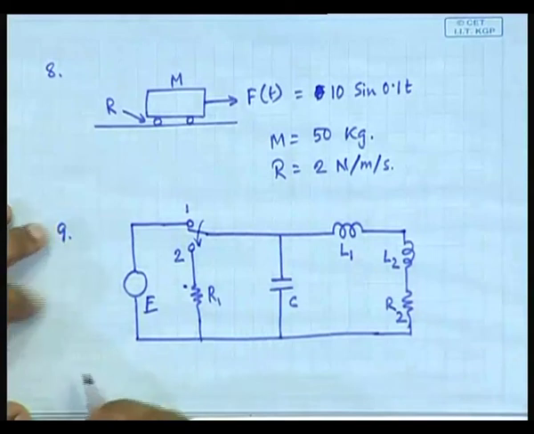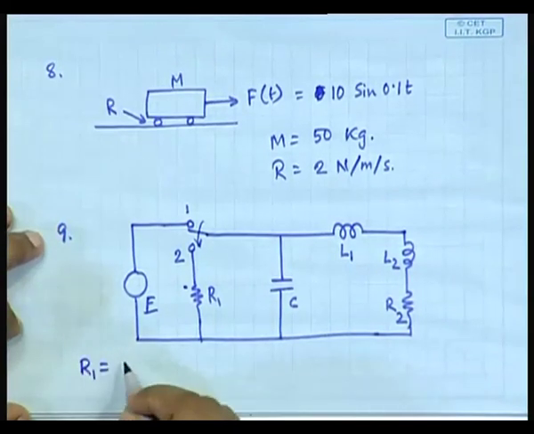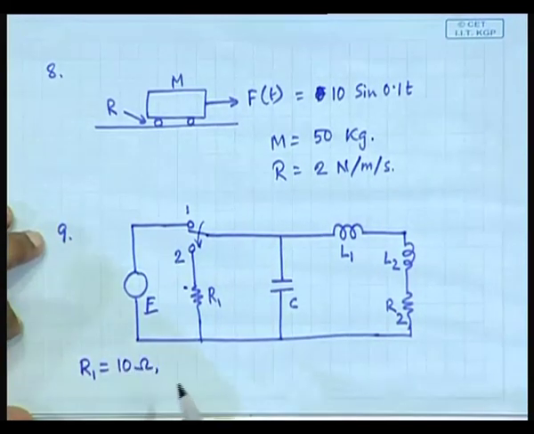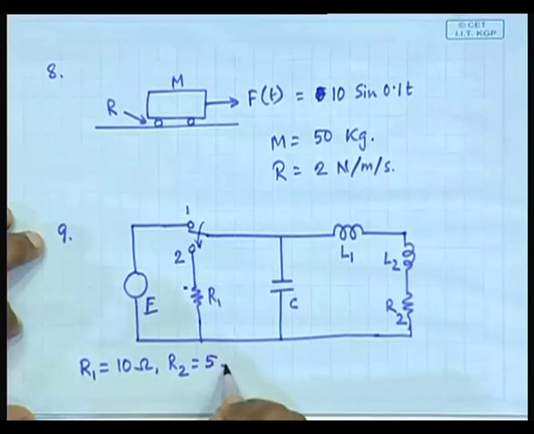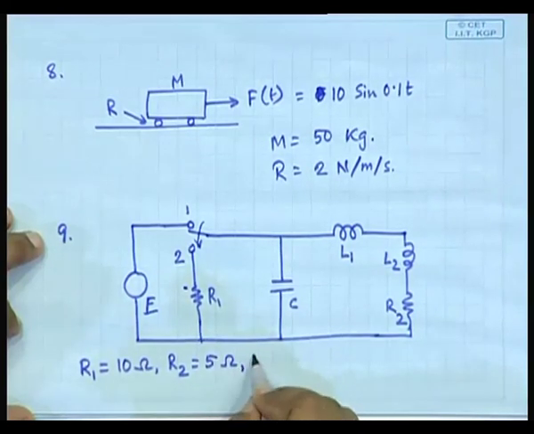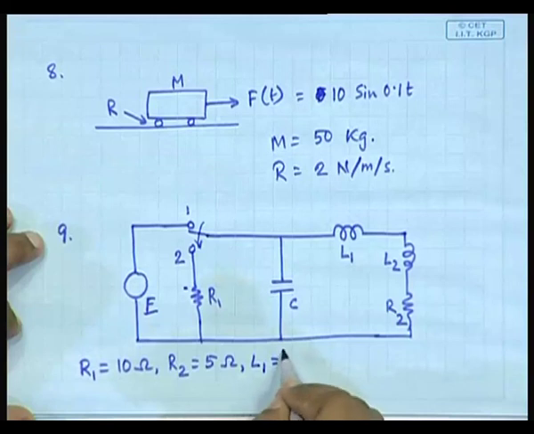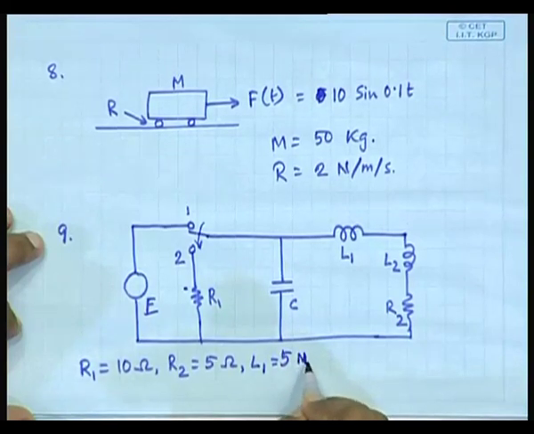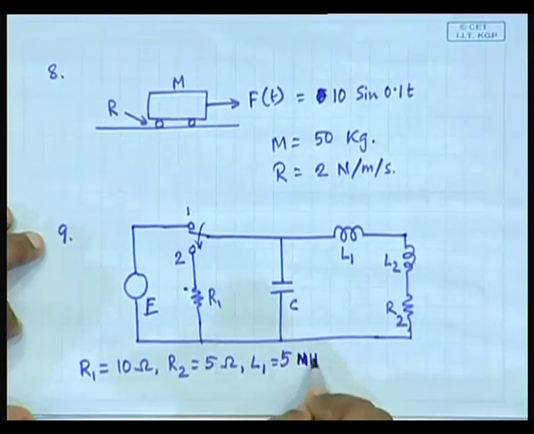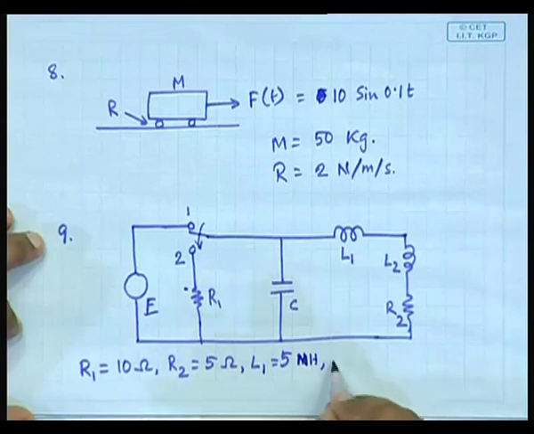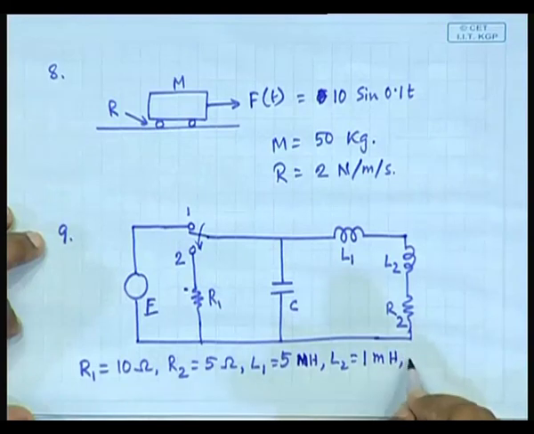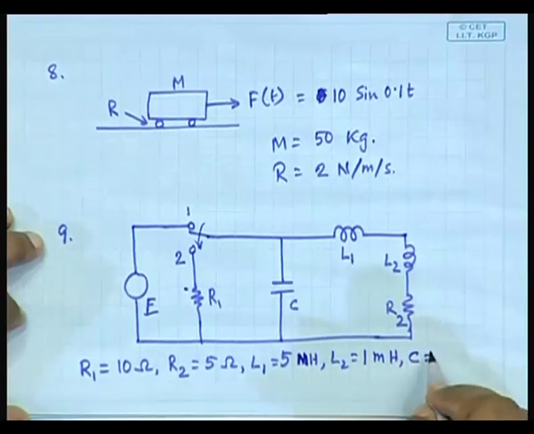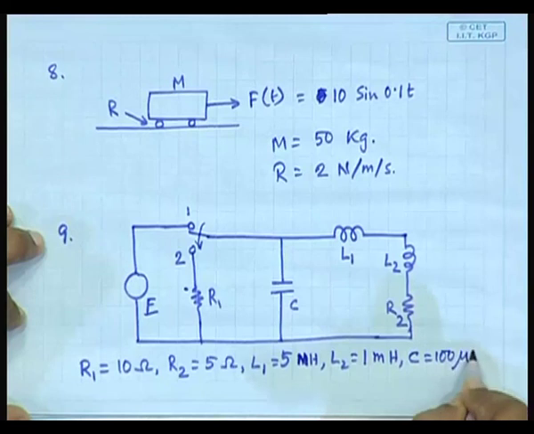Obtain it with numbers. R1 is equal to 10 ohm, R2 is equal to 5 ohm, L1 is equal to 5 millihenry, L2 is equal to 1 millihenry, C is equal to 100 microfarad.